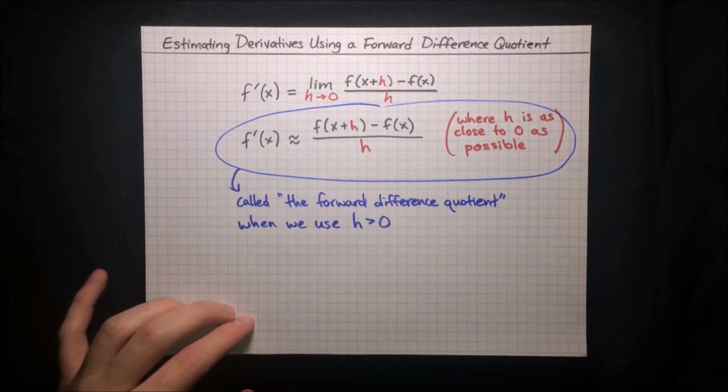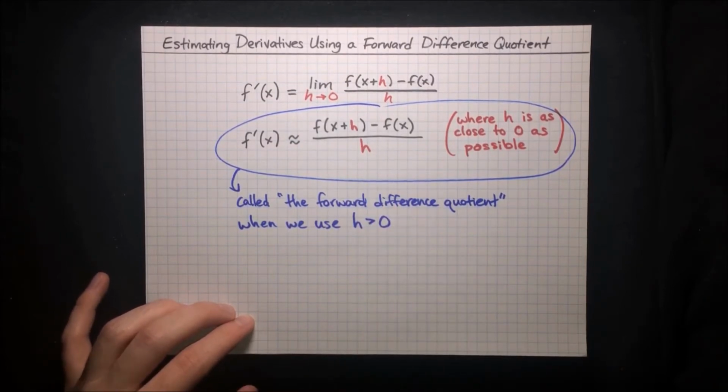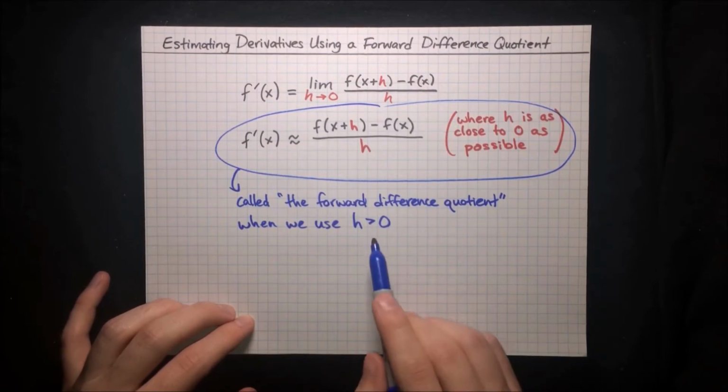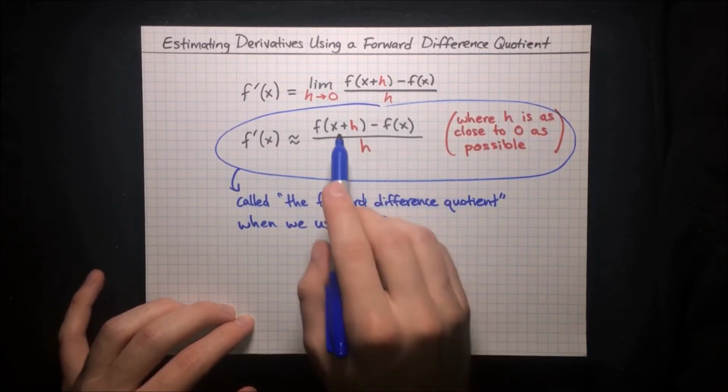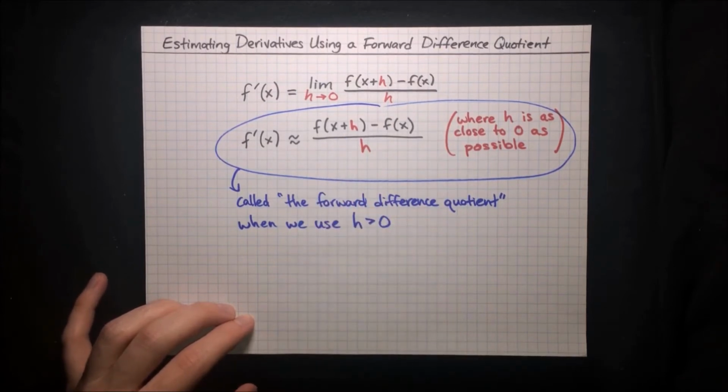The reason for the name the forward difference quotient is, first of all, this is the difference quotient that we usually take the limit of, and second of all, when h is greater than 0, we have that x plus h is h units forward from x. So this difference quotient then gives us the slope of the secant line between the point at x and the point at x plus h, which is h units forward from x.